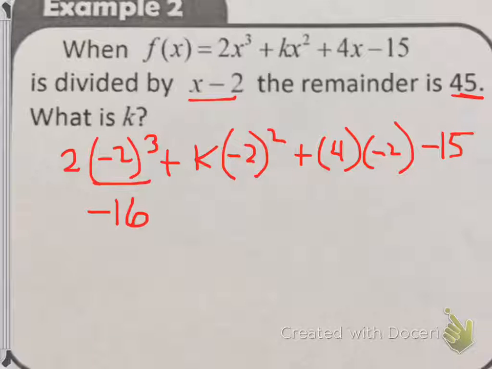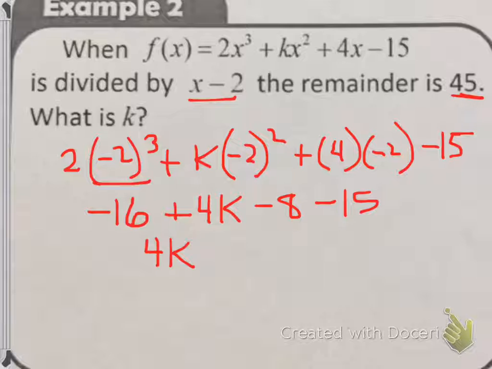Negative 2 squared is 4, and 4 times k is 4k. 4 times a negative 2 is a negative 8, and then I have minus 15 back behind. So if I combine these together, I'm going to have 4k, and then on my calculator, a negative 16 minus 8 minus 15, which is a negative 39.